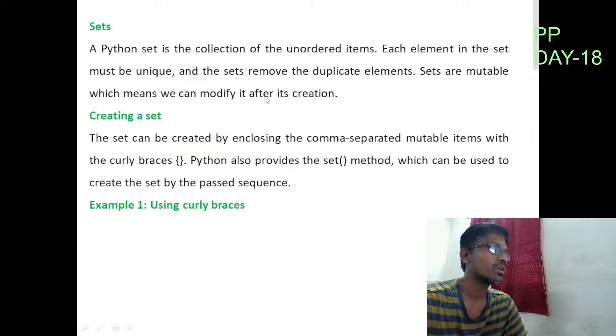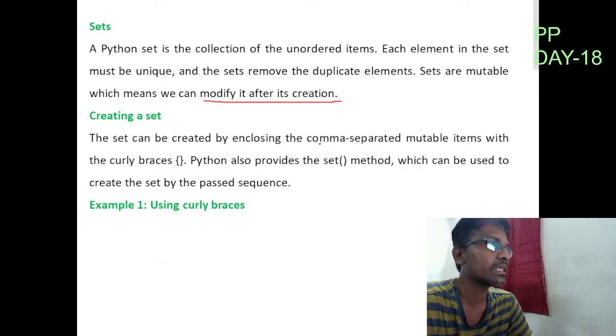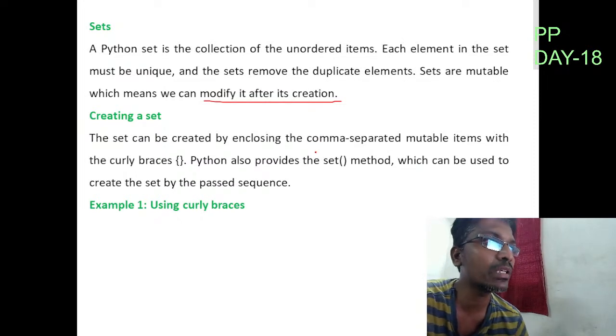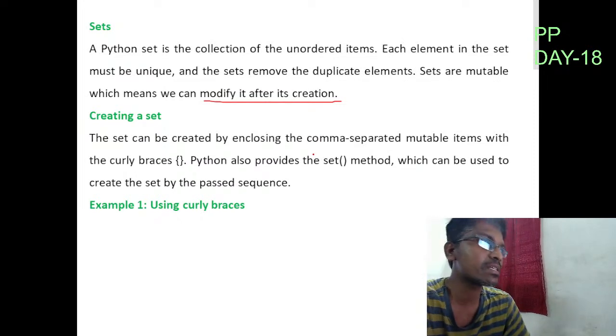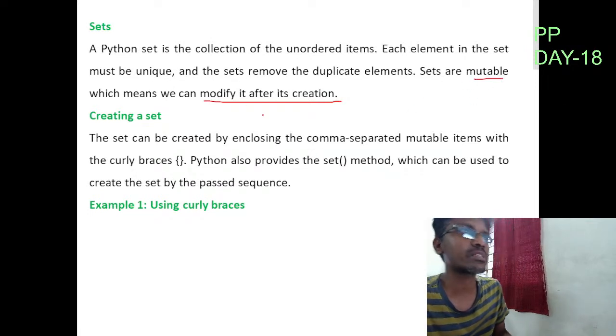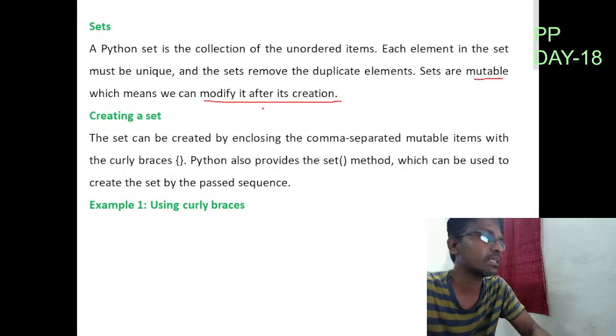You can modify them after creation. Mutable is nothing but you can modify the given set after creating a set of values. It is possible to modify the given set, and that is called mutable. So sets come under mutable data types.